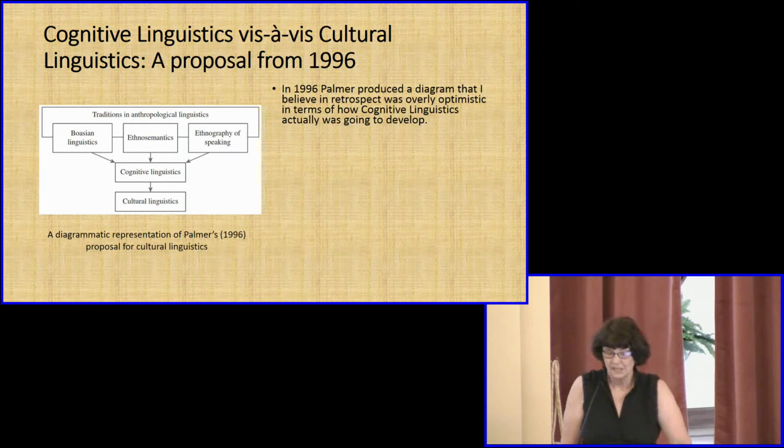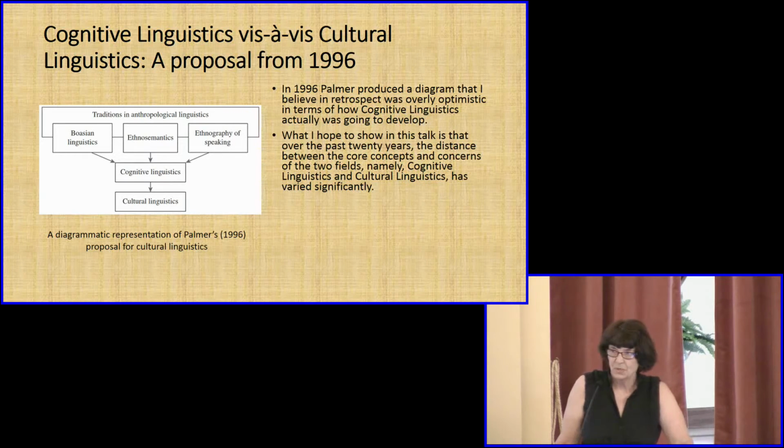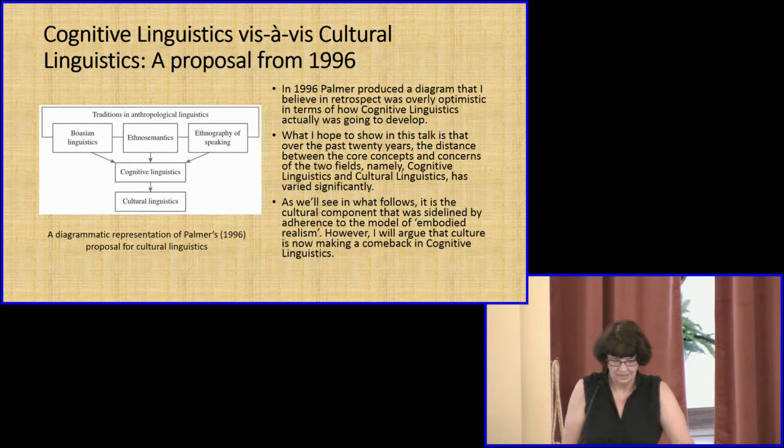In 1996, Gary Palmer produced a diagram that you see there that I believe in retrospect was overly optimistic in terms of how cognitive linguistics was actually going to develop. What I hope to show in this talk is that over the past 20 years, since Gary put out this diagram, the distance between the core concepts and concerns of the two fields, namely cognitive linguistics and cultural linguistics, has varied significantly.